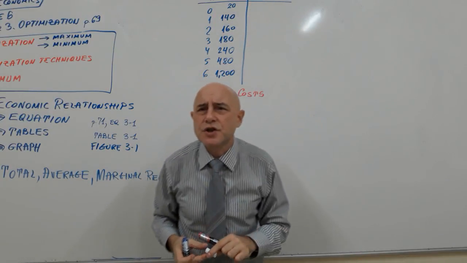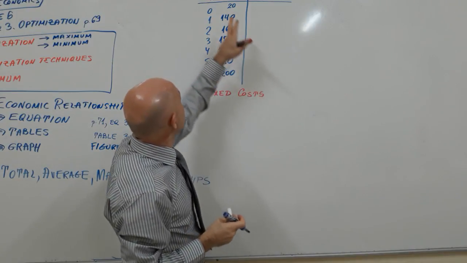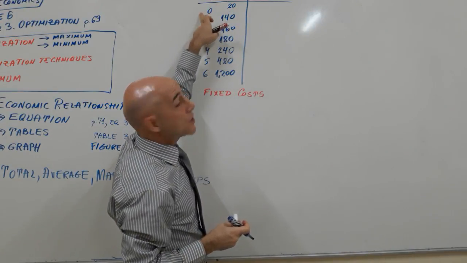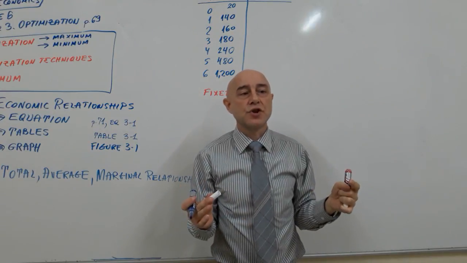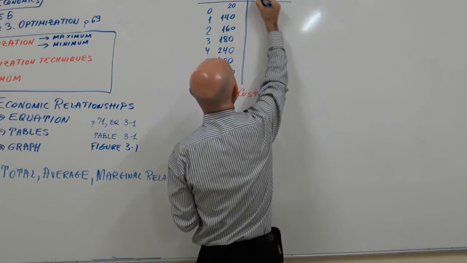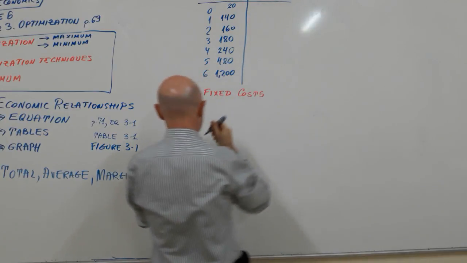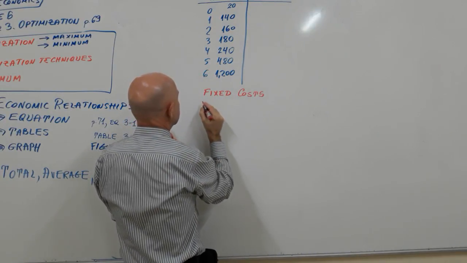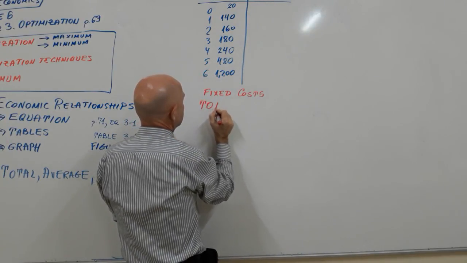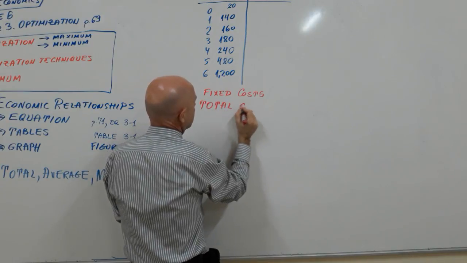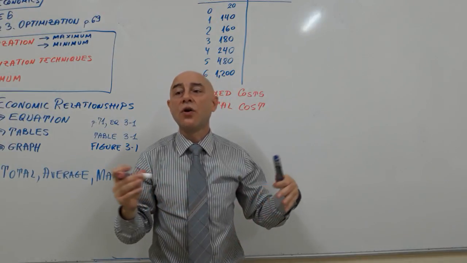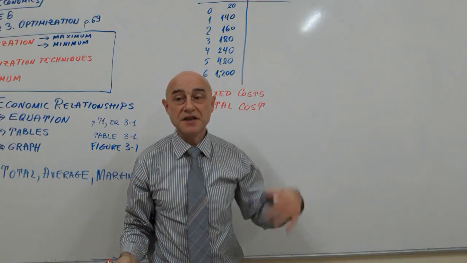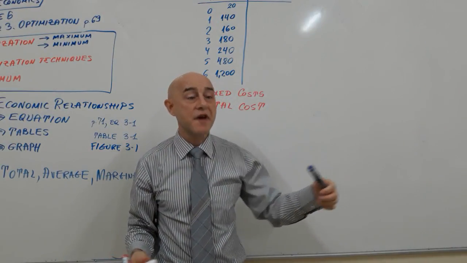Now, the next question is, now you know the total cost and you know the quantity. The simple question is, what is the average cost? Let's write it out. First, total cost is all the costs that you have: fixed and we call this variable.